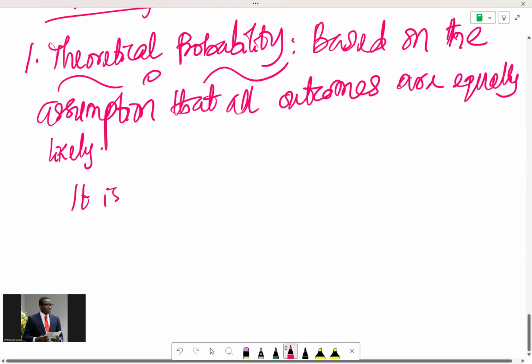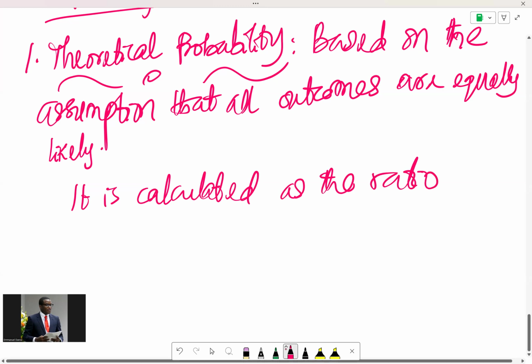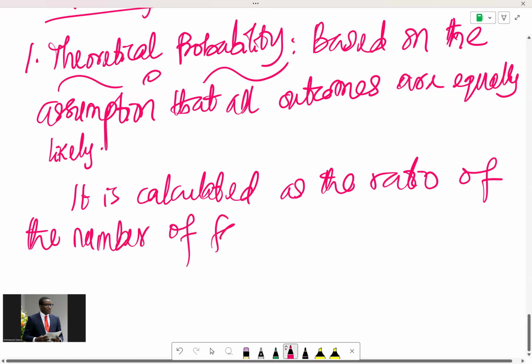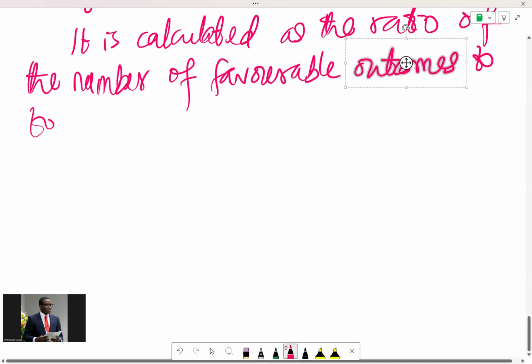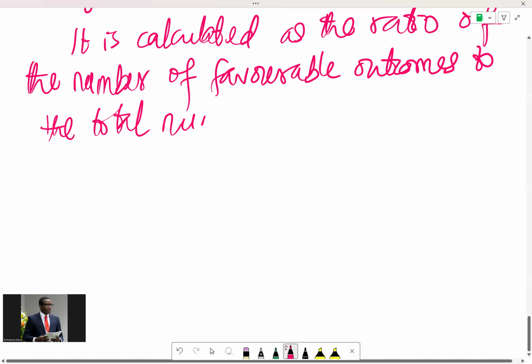And it is calculated as the ratio of the number of favorable outcomes to the total number of possible outcomes.